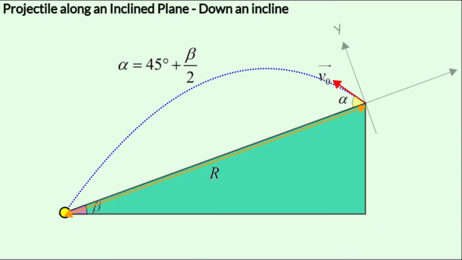Launching up the incline, the launch angle had to be 45 minus beta over 2 to get to a maximum range along the incline. But when launching down the incline, the launch angle has to be 45 plus beta over 2 to get to the maximum range along the incline. So the difference is the plus sign between the 45 and beta over 2.